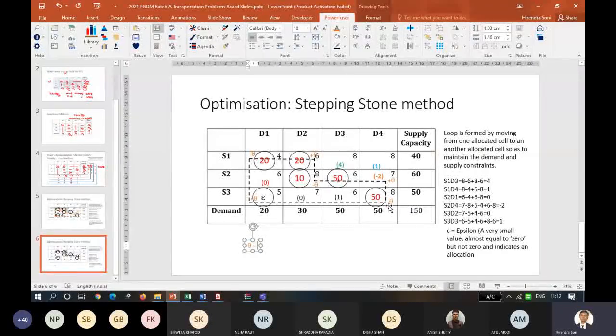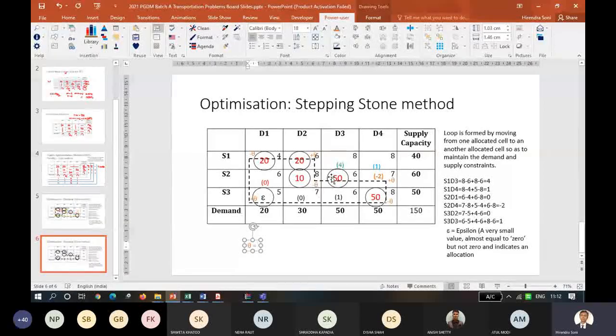The least allocation which can be subtracted is 10. Because if I subtract 10 from here, this will become 0 instead of 10. I can subtract 10 from here.